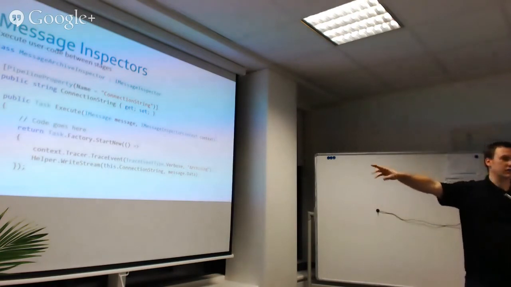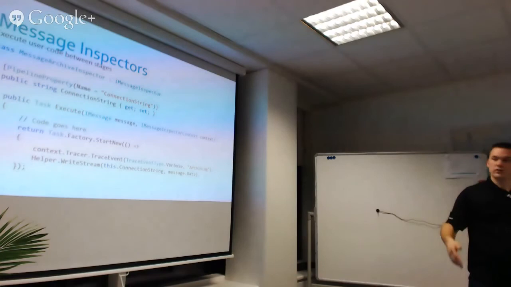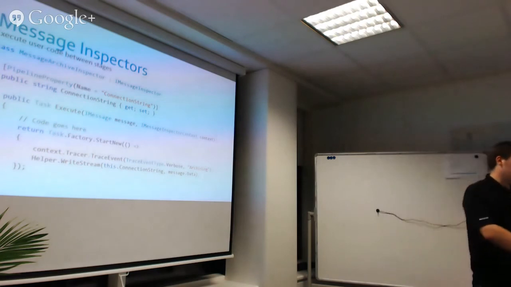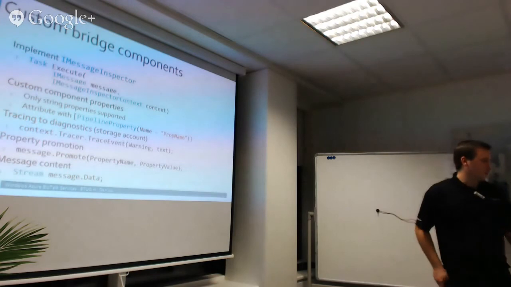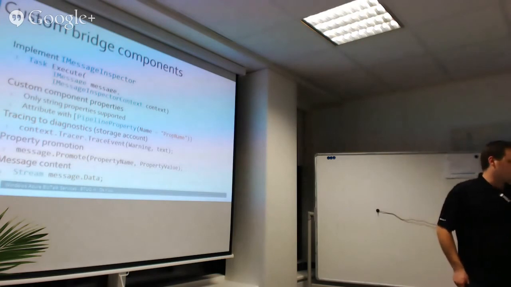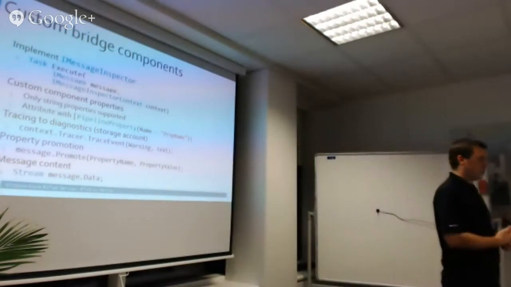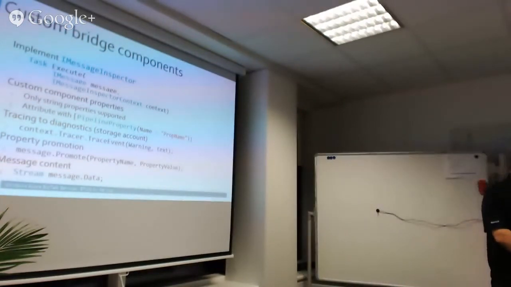If you use context.tracer, you can write events from your custom code. And of course, you can change data. You can access the message body and all of these things. So, as I said, only string properties. You can do property promotion, so you can promote custom properties like this, message.promote name value, and the content can be accessed as a stream, and if you know BizTalk, you know that it's all about streams there.